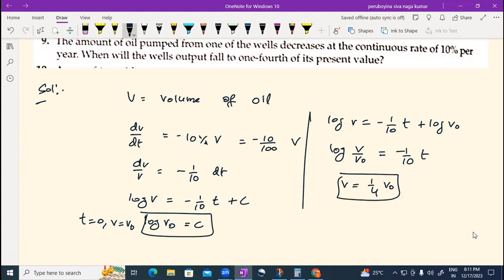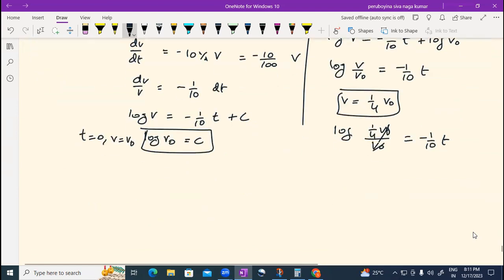I'm substituting this value. So 1/4 of V naught divided by V naught. V naught got cancelled.